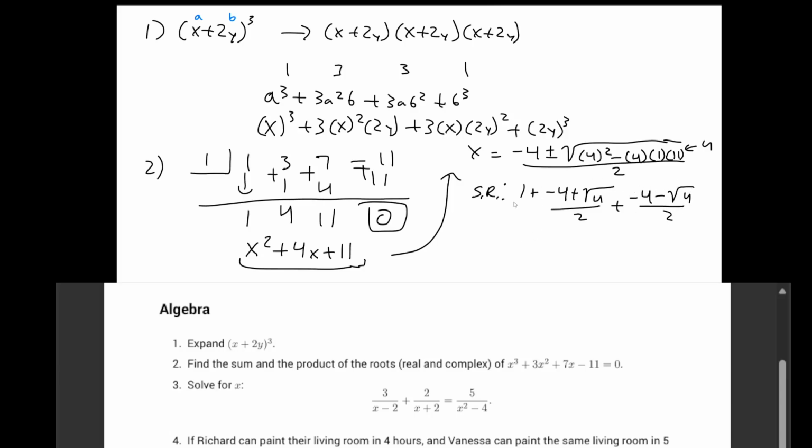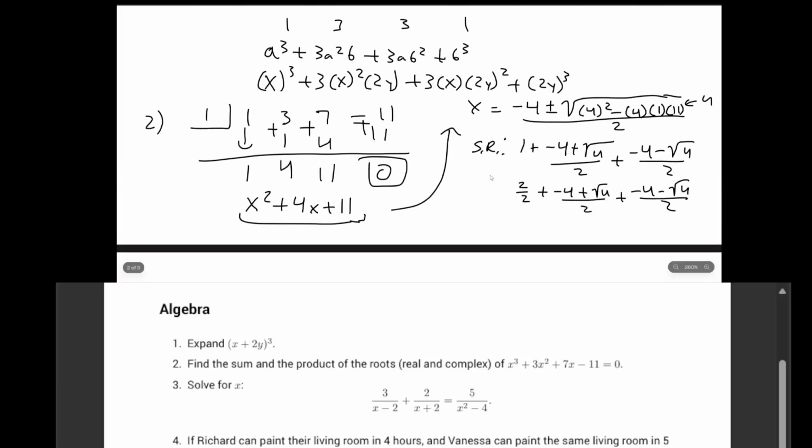I'm going to then let 1 equal to 2 over 2, so 2 over 2 plus negative 4 plus square root of u over 2 plus negative 4 minus the square root of u over 2. I'm going to put a new page here. But then you'll see here, common denominator, 2 minus 4 plus square root of u minus 4 minus the square root of u.